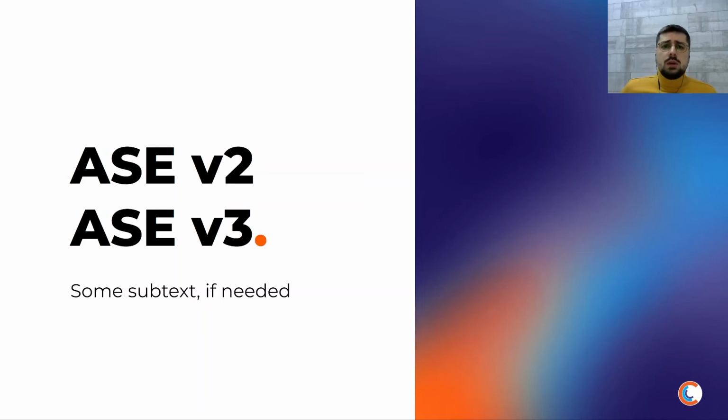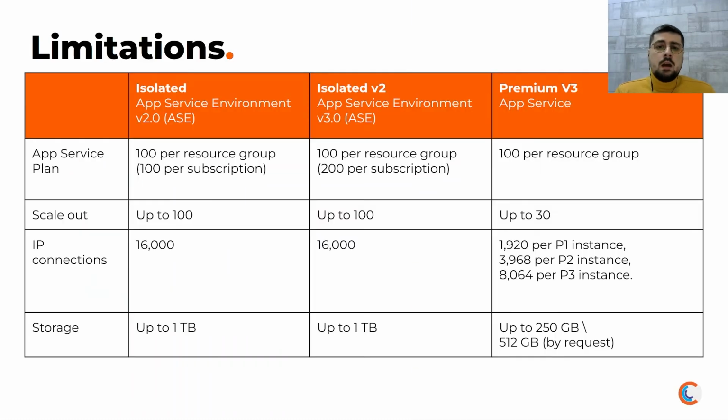So, here is the time to bring some light on the difference between Azure App Service Environment v2, Azure App Service Environment v3, and regular Azure App Service on the Premium v3 plan. Here is a table to summarize most of the main limitations.